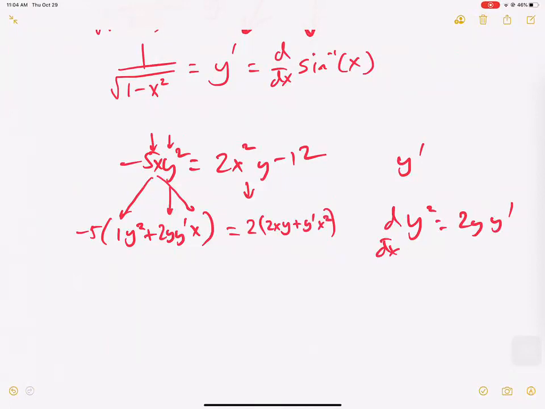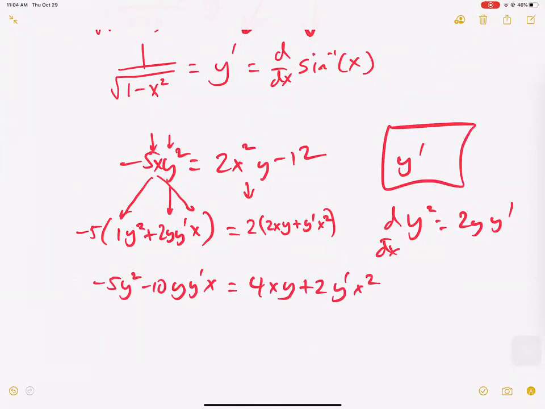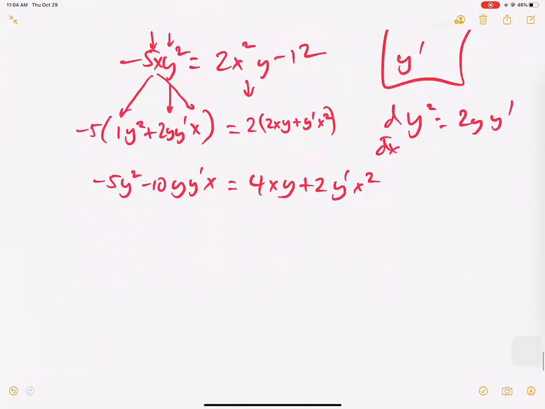Now this problem looks really messy, but let's go ahead and multiply the -5 out. Multiply the 2 out. And if we're solving for y prime, we need to get y prime on one side. So this is straight algebra 2 here.